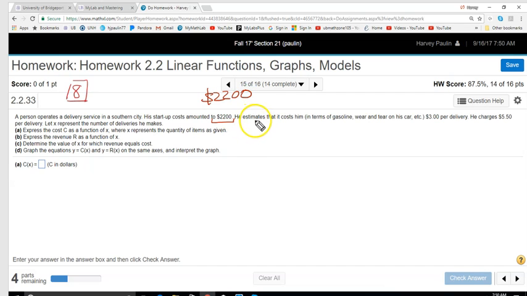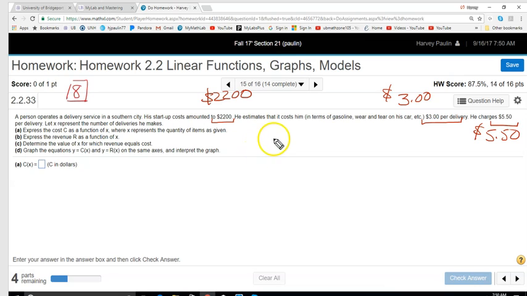He estimates that it costs him, in terms of gasoline, wear and tear on his car and his time, $3 per delivery. Now he's going to charge per delivery $5.50. So again, we went over this in some detail, and we want to set up a cost function.